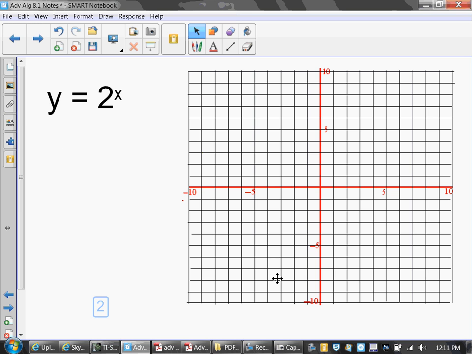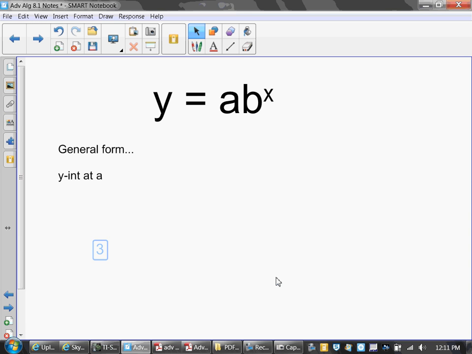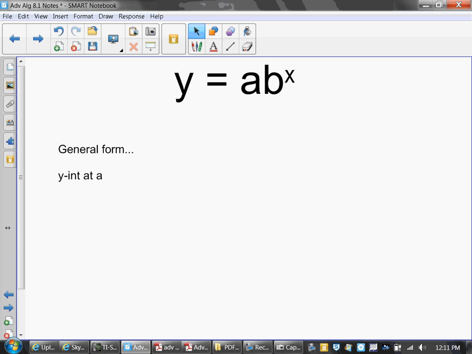So here's what's going on. You have y equals 2 to the x. There is what we call a generic form. The generic form of these equations is y equals a times b to the x. In y equals 2 to the x, what's the value of a? 1.